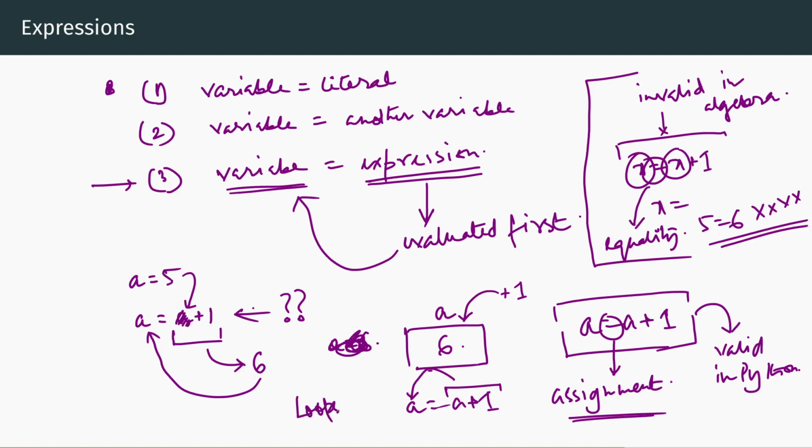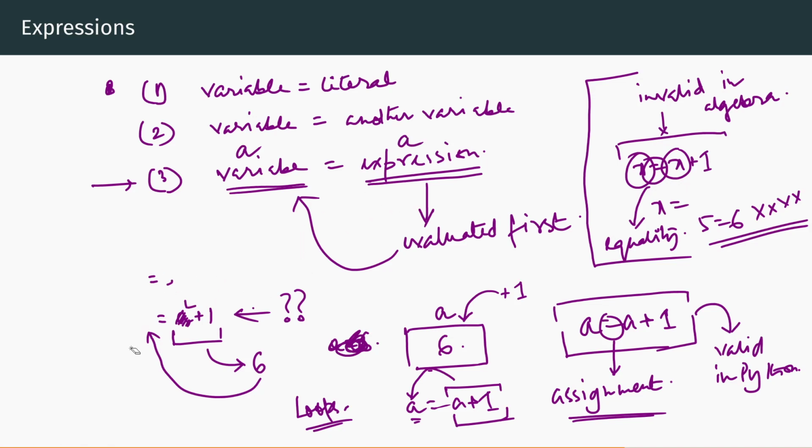This is an extremely common type of statement, which is used a lot in something called loops, which is repetitive code, code that repeats itself. But for now, just remember that this is a valid expression. So you can have the same variable to the left of the assignment and the right of the assignment.